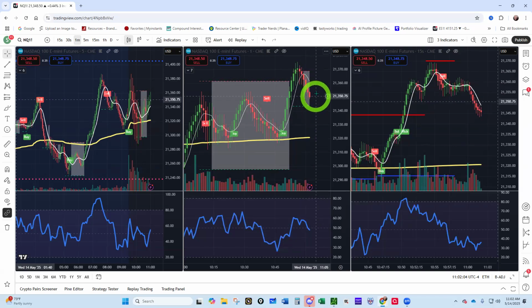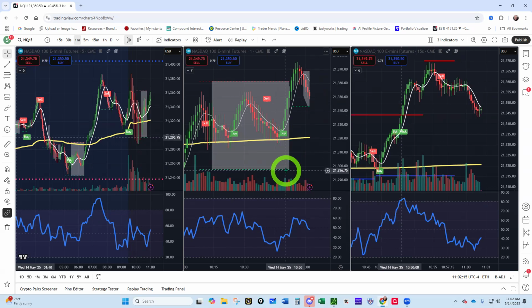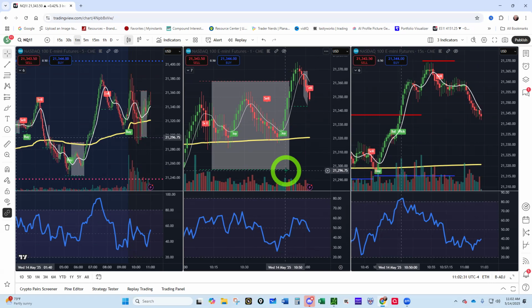Surprised we hadn't got a sell signal yet. Well, I did get one on my 15. The 5 minute still trading above. Here's a sell signal. Wait till the next candle, see if it stays.